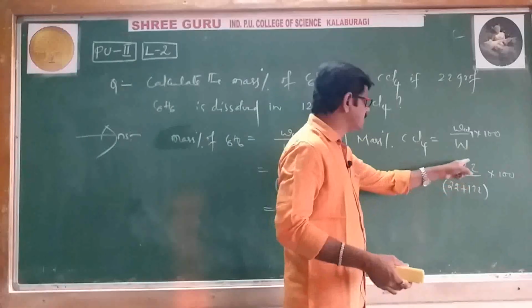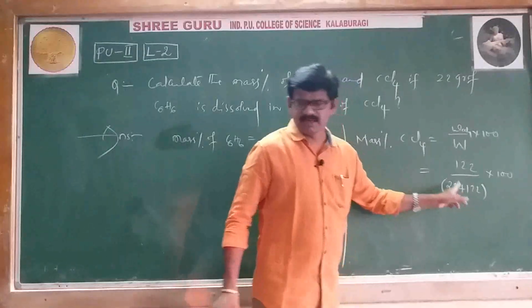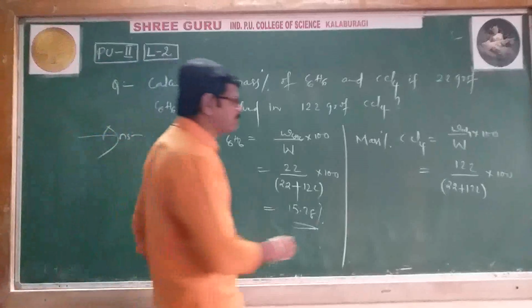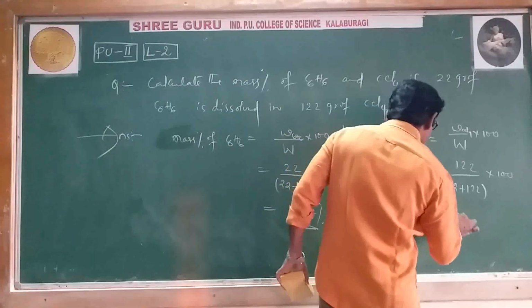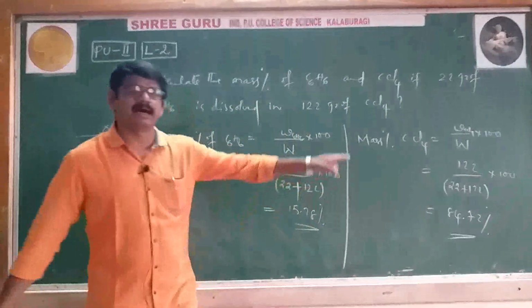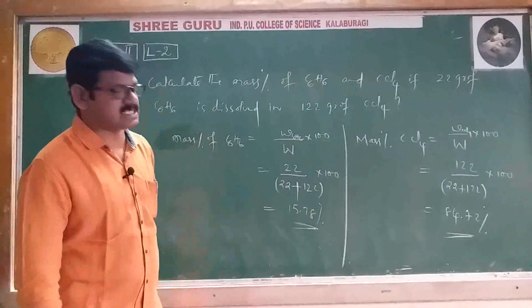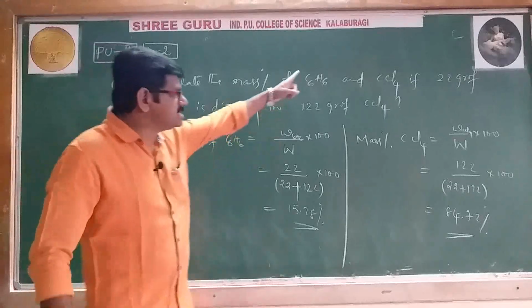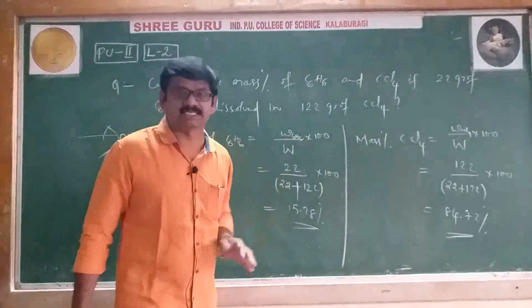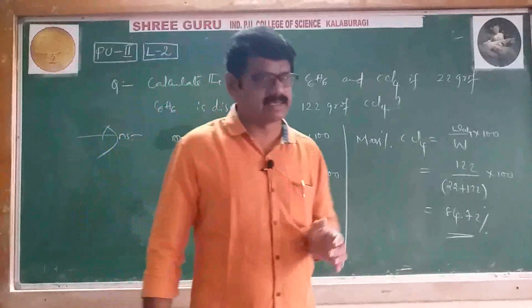Please don't cancel 122. After simplification you will get 84.72 percent, the mass percentage of carbon tetrachloride. Both the benzene and carbon tetrachloride mass percentages we have calculated.